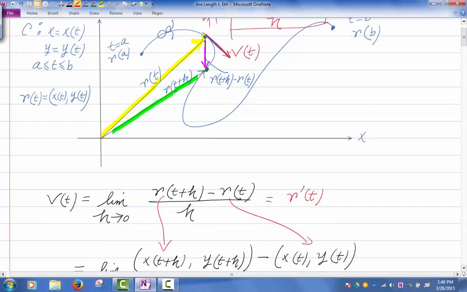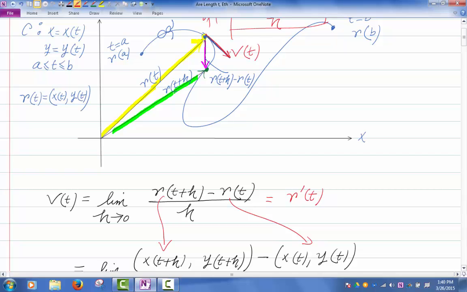So what's the velocity? The velocity is the derivative of the position vector. r prime of t, that's the rate of change of position, right? That's exactly what we mean by velocity. So the velocity is r of t plus h minus r of t divided by h, and then you take the limit as h goes to 0.